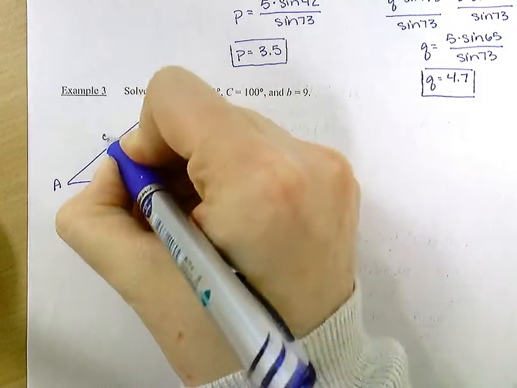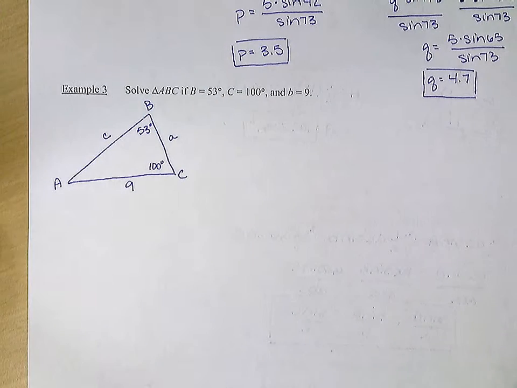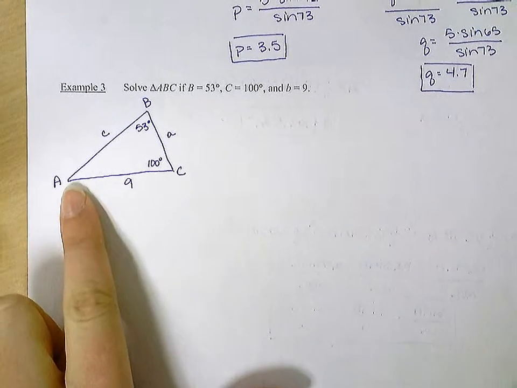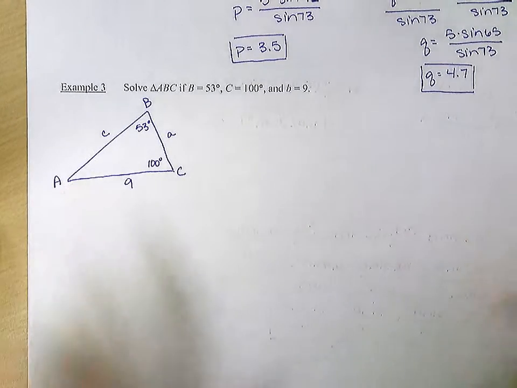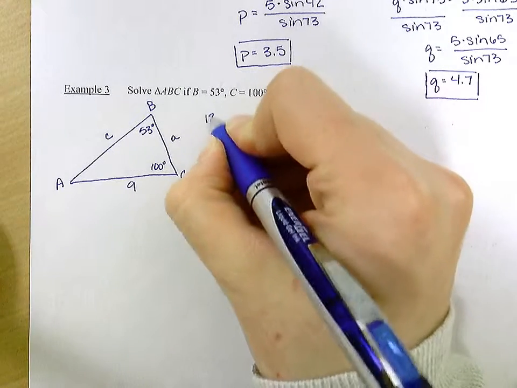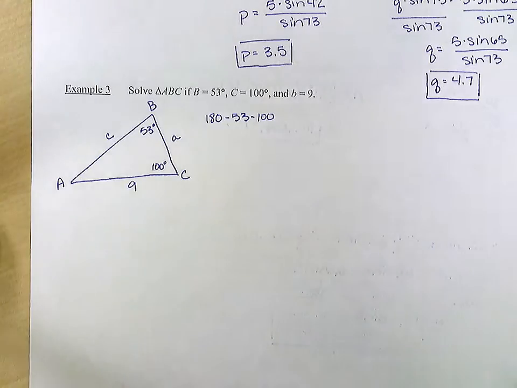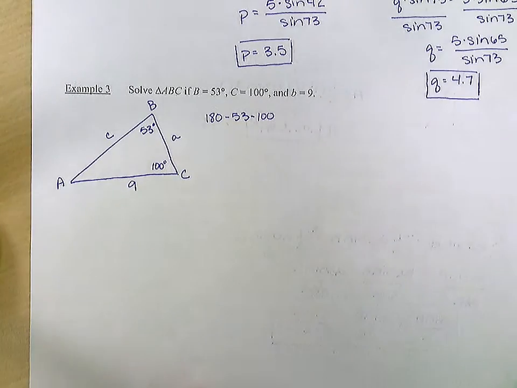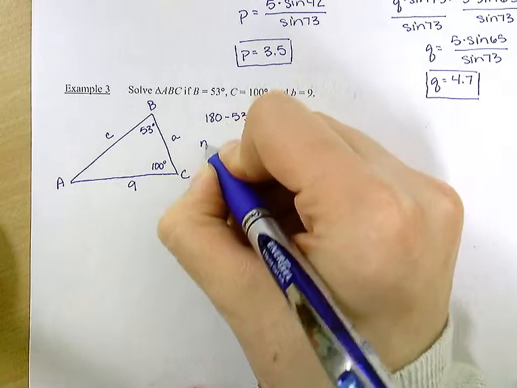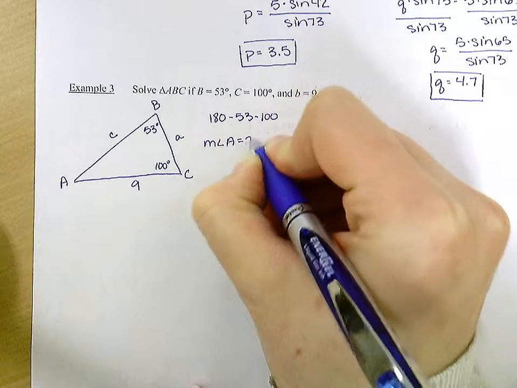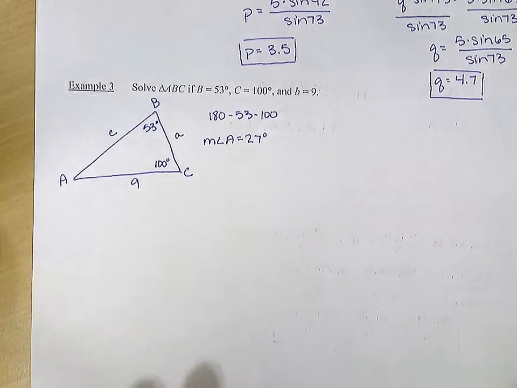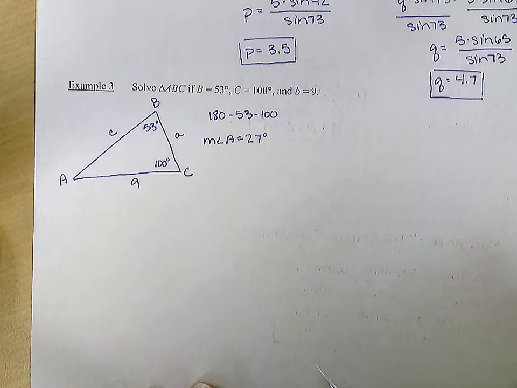Lowercase c is opposite angle C. Okay, how do I find angle A? Add those up and then subtract it from 180. It's 27 degrees. Okay, so the measure of angle A will be 27 degrees.